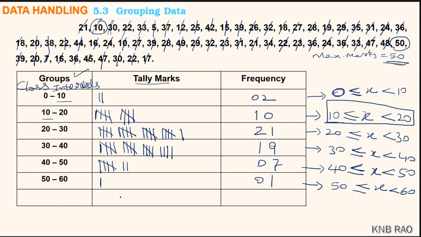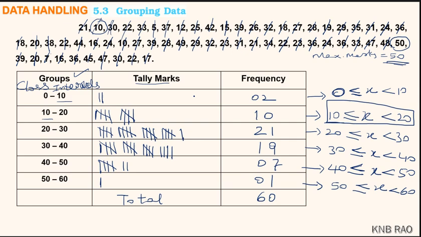If you take the total, 2 plus 10 is 12, 12 plus 21 is 33, plus 19 is 52, plus 7 is 59, plus 1 is 60, so the total is 60 students.